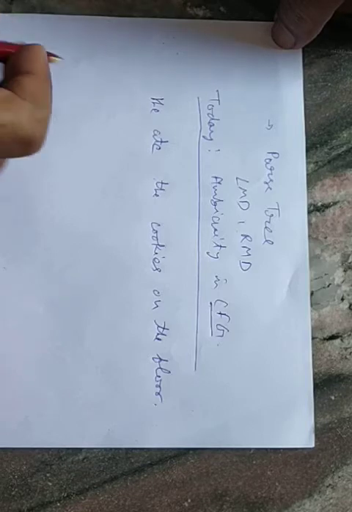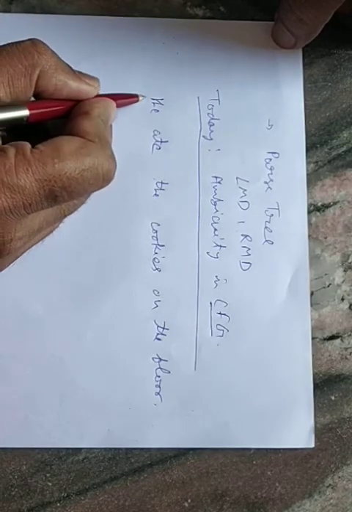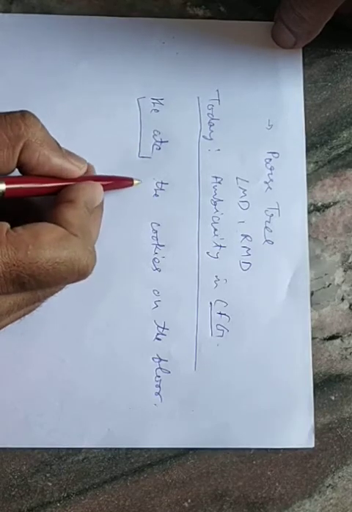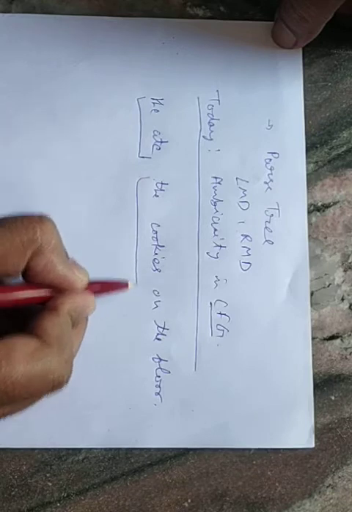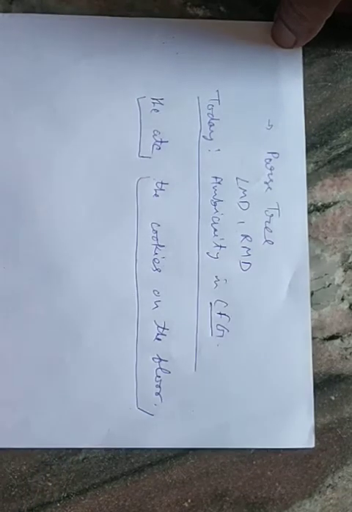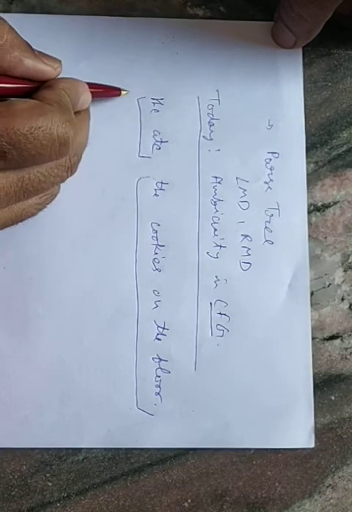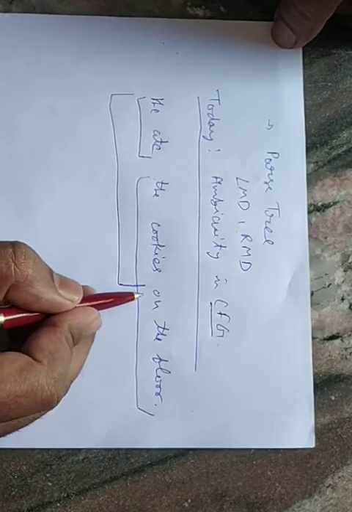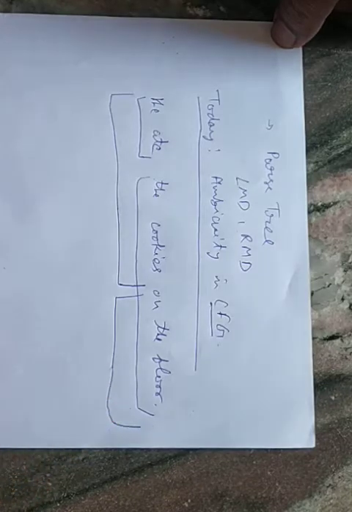Now let's interpret this. First of all, I can read it in this manner, that he ate the cookies on the floor, or I can read it as he ate the cookies on the floor. Now both have totally different meanings. Now the thing is, which meaning is right? The answer is we don't know.